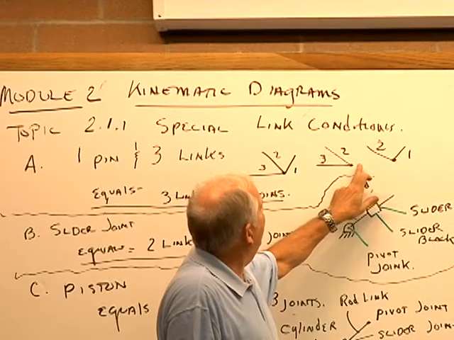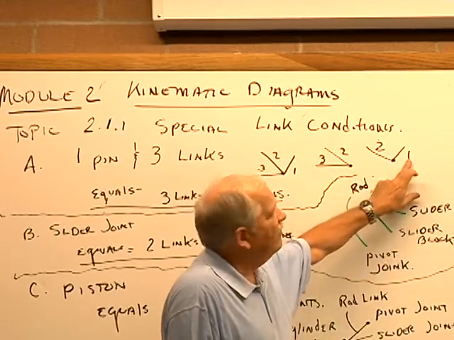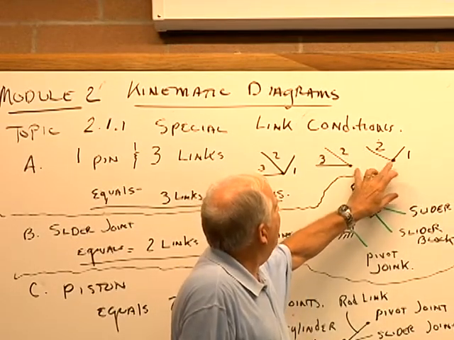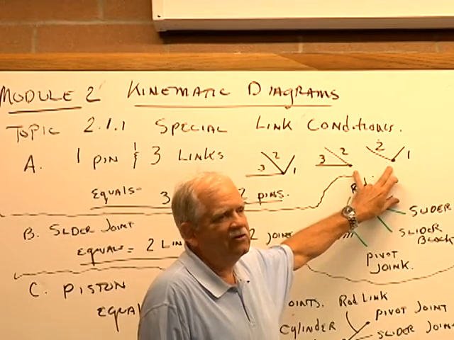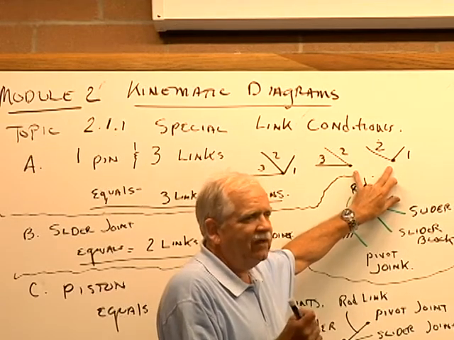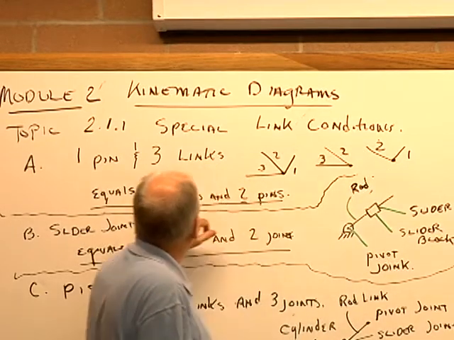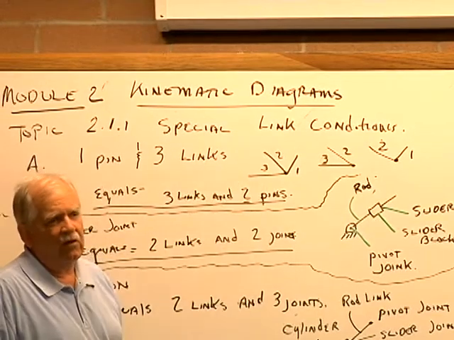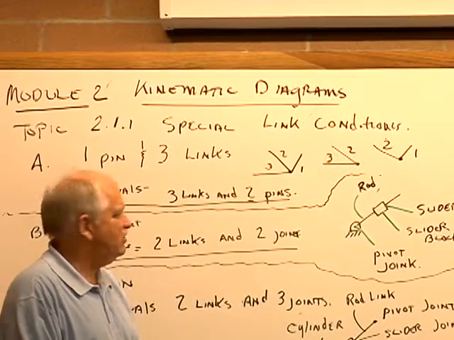So therefore, we're going to have the pair of link 2 and 3 and the pair of link 1 and 2. If we consider those as a pair, then we have to apply two joints to this particular situation. So when we're figuring out the number of links and the number of joints in a mechanism, if this applies, then we're going to use 3 links and 2 pins for that particular application. That's a very unique situation.